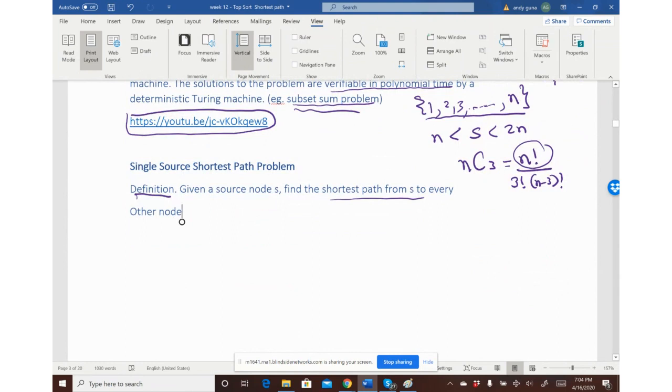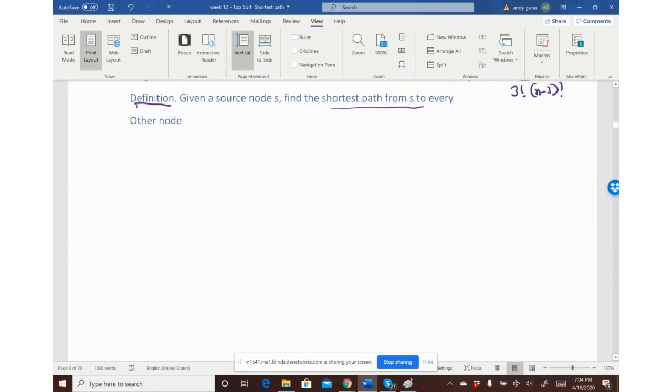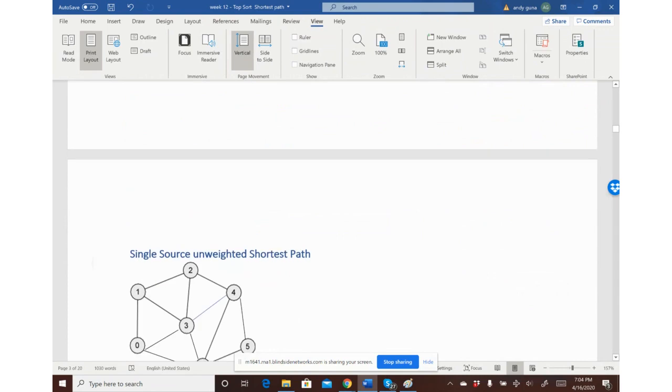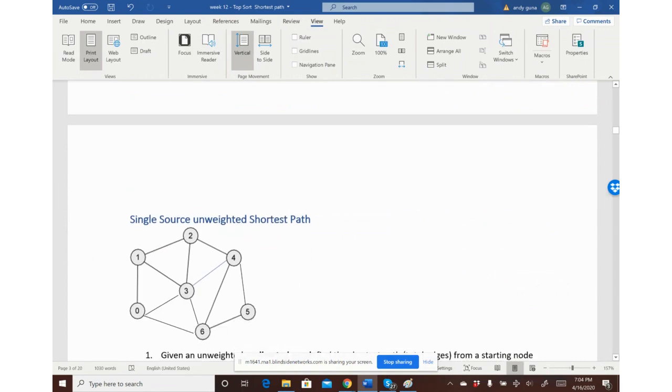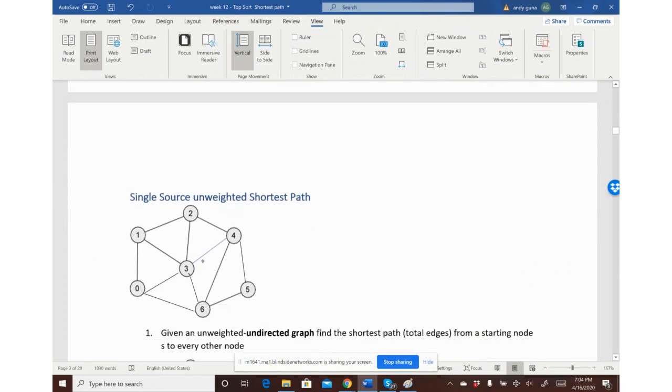All right, so let's take a look at how we can do that. Here's an example. Let's say that I pick my S to be 3, the node 3, and I want to find the shortest path from S to every other node.